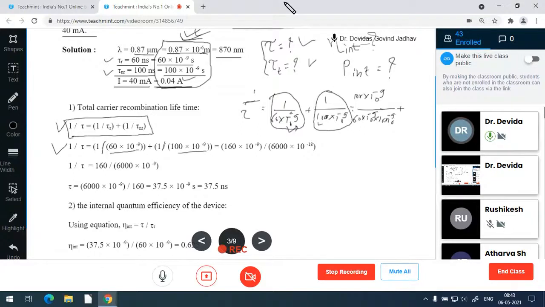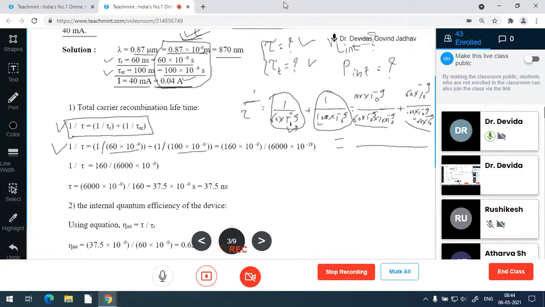So we multiply 60 × 10^-9 in the numerator, and the denominator is 100 × 10^-9 multiplied by 60 × 10^-9. Both these denominators are the same.